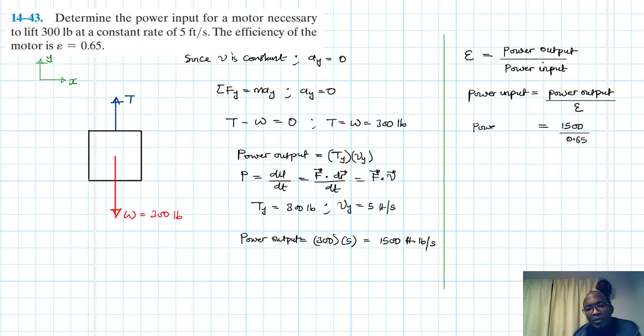Therefore, 1500 divided by 0.65, and we get 2307.69 foot-pounds per second. So we have determined the power input.